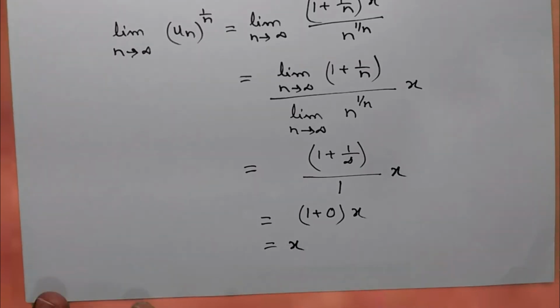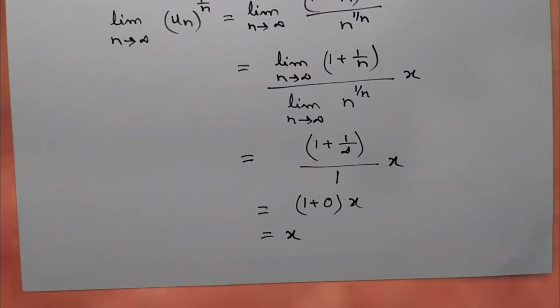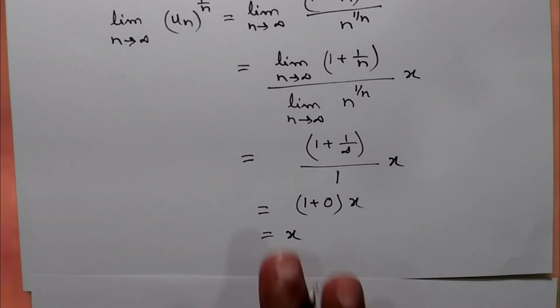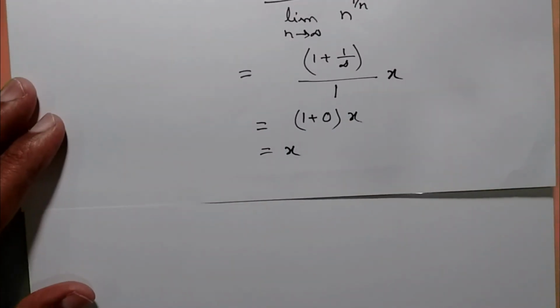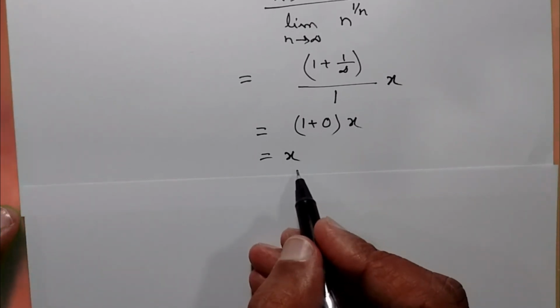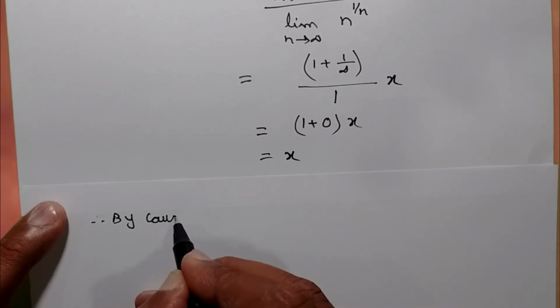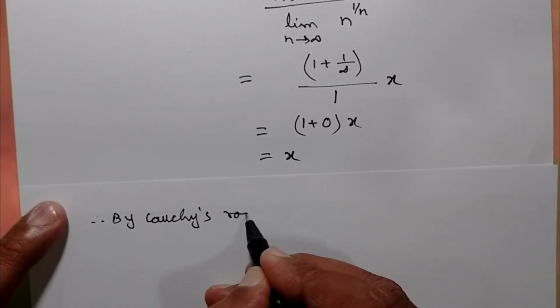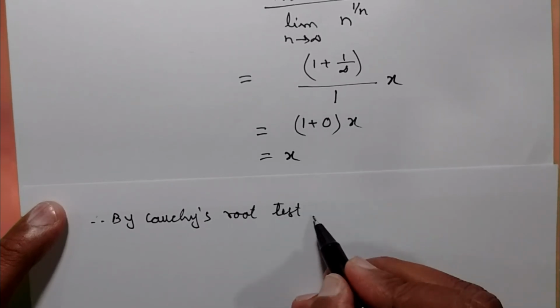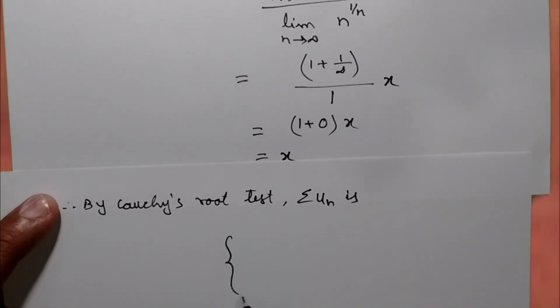Now we don't know what is the value of x, whether x is greater than 1 or x is less than 1. Based on the values of x, the series will either be convergent or the series will be divergent. So two cases will arise over here. Let us try to see, or even the third case we will try to see. So therefore by Cauchy's root test, summation of un, whether it is convergent or divergent, two possibilities are there.